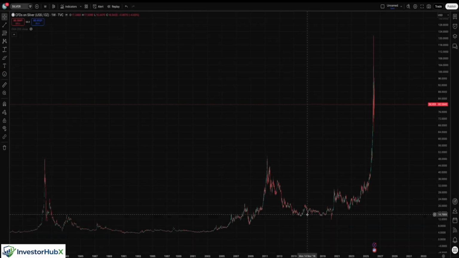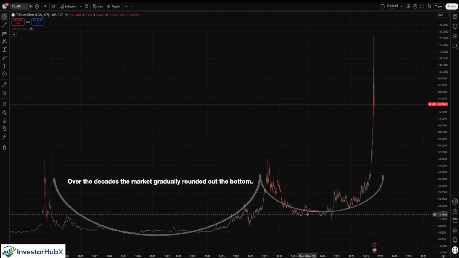Now, let's look at a very extraordinary example. This is silver on the long-term chart. Here we can see what appears to be a massive cup and handle pattern that has been forming for over 46 years. The cup began forming after the major peak in the late 1970s, and over the decades, the market gradually rounded out the bottom. More recently, the price moved back toward the previous resistance, forming the right side of the cup.